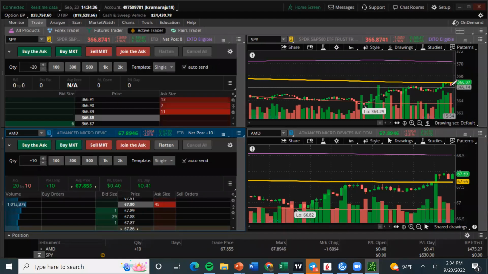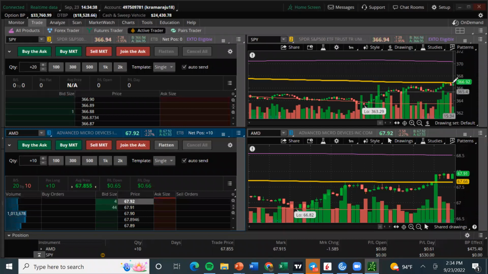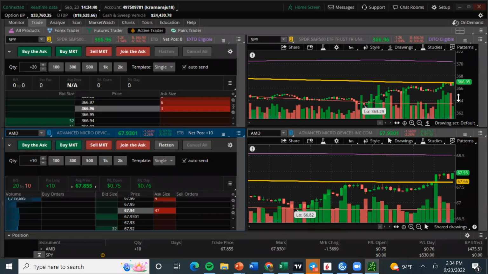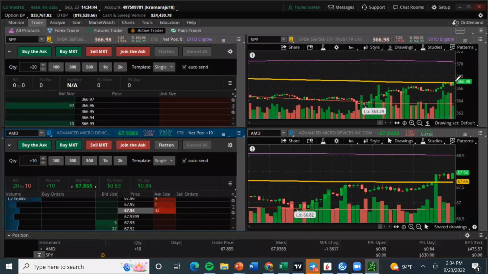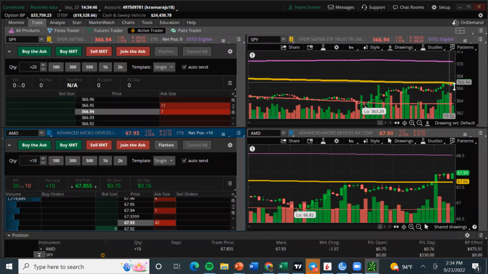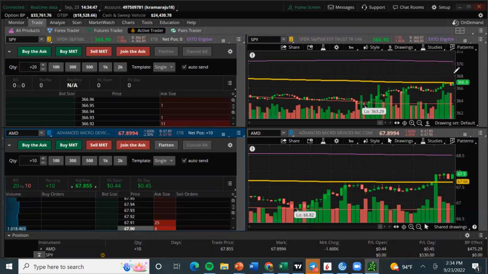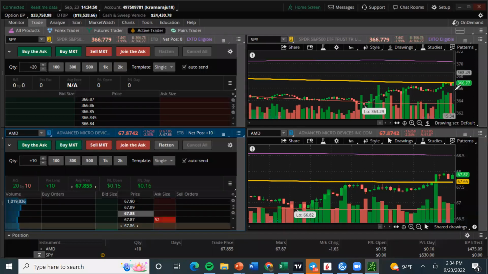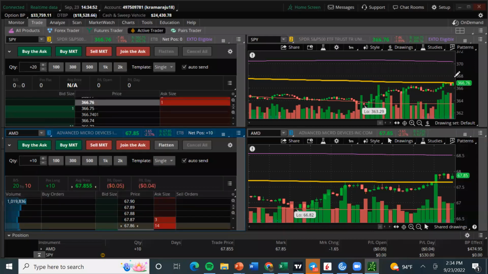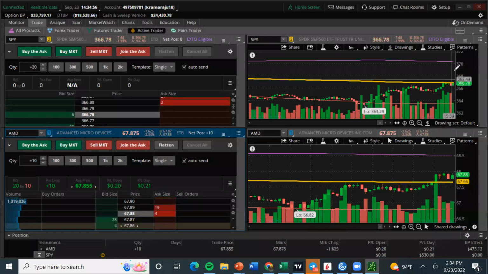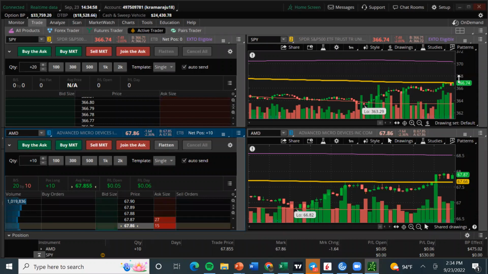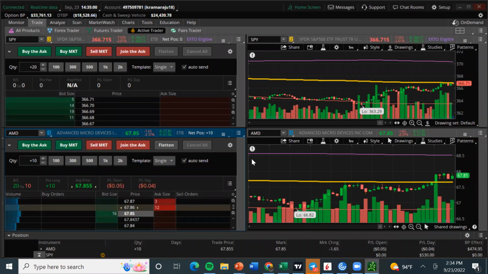Bears means basically people who want to sell the positions. Bulls are basically people who want to buy the positions. So bears try to bring it down, then bulls, optimistic traders, are trying to take it up over the VWAP. If it goes above VWAP, then a lot more buyers will join the party, and there will be a lot more buying volume, and this can move to 367 or 368.